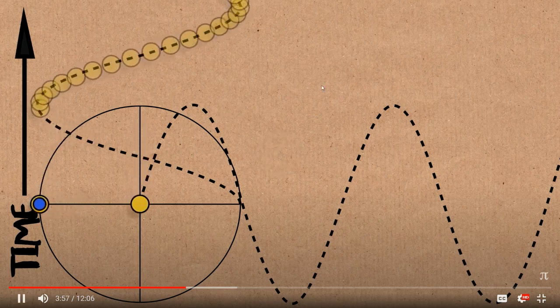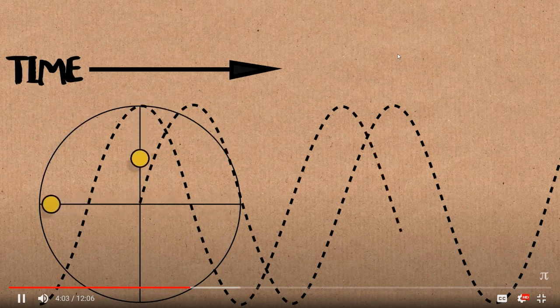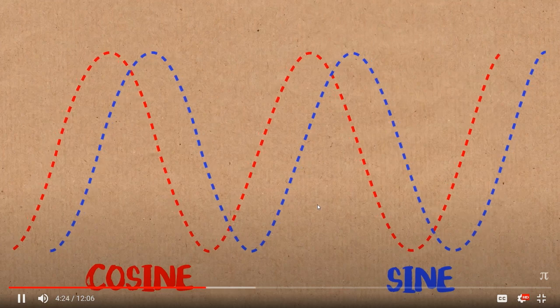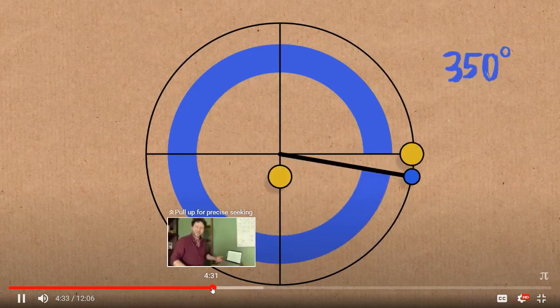But in reality, it's not a sine curve, it's a cosine curve. Okay, so I don't want to overcomplicate it. Let me just go back to where he was showing the diagram, showing the motion here.